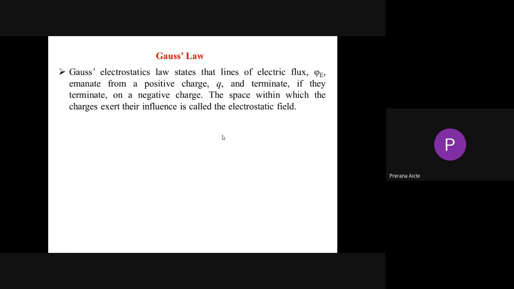So where the lines terminate on the negative charges, the space between the positive charge and negative charge, that influence is nothing but the electrostatic field.